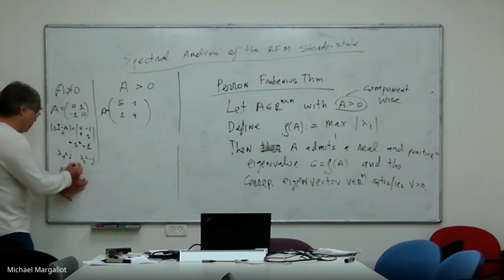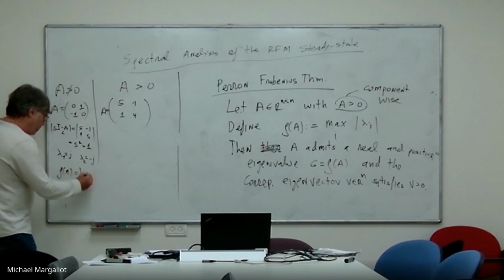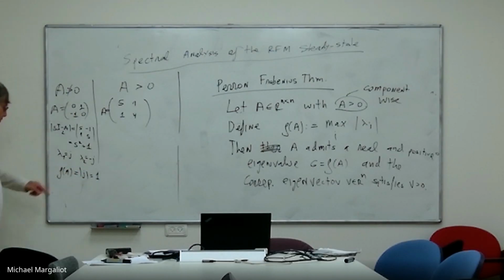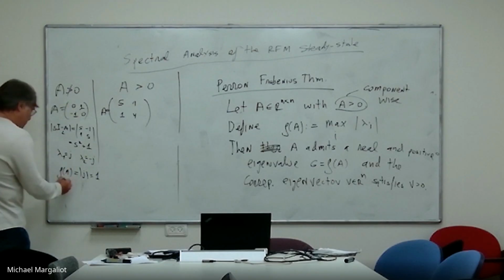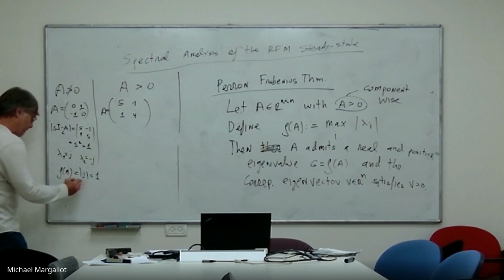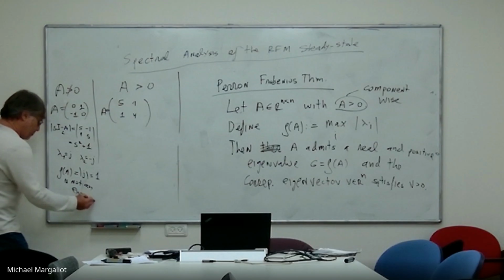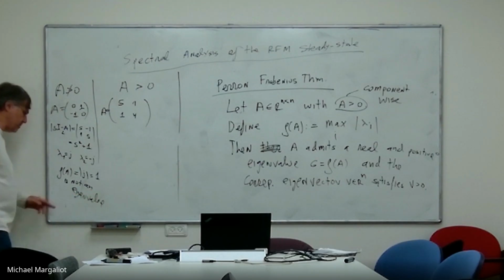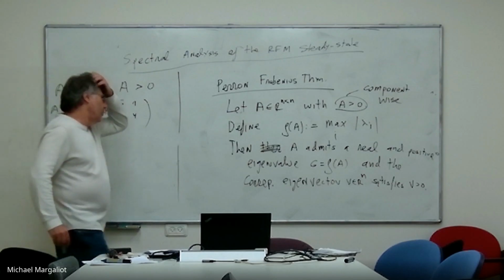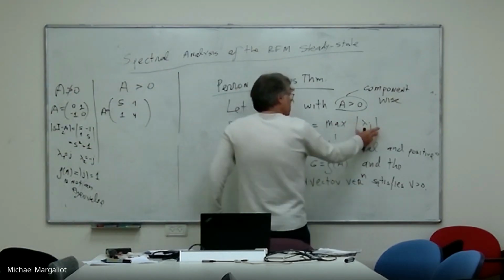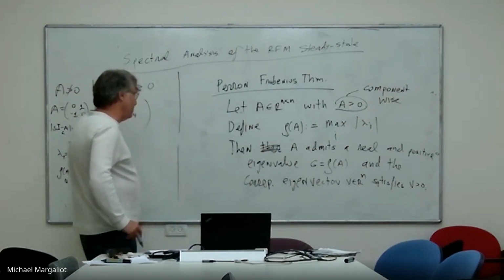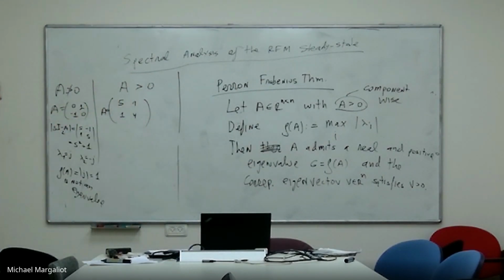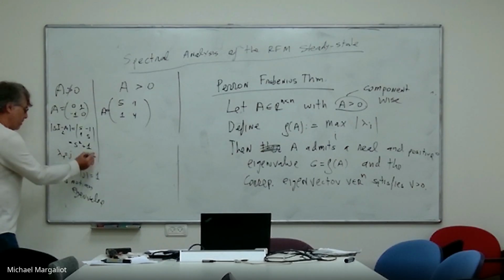It is the absolute value of j, which is 1, and the absolute value of minus j is also 1. So here the spectral radius is not an eigenvalue. In this case, the spectral radius, which is the largest of all the absolute values of the lambda i's, is not an eigenvalue at all. 1 is not an eigenvalue. The eigenvalues are just j and minus j.